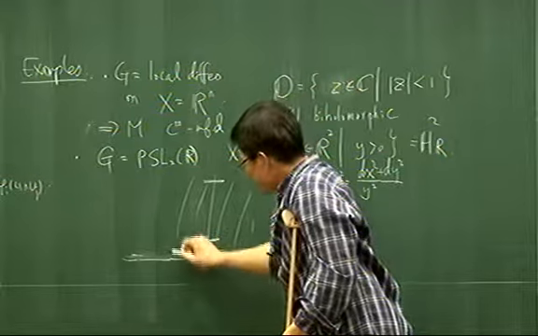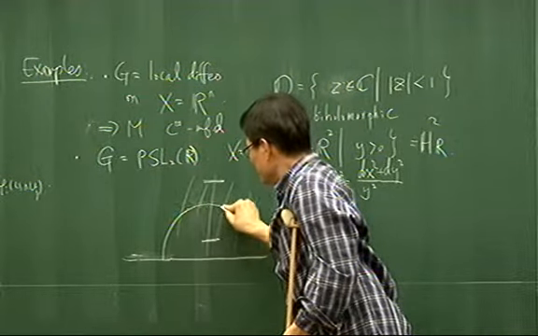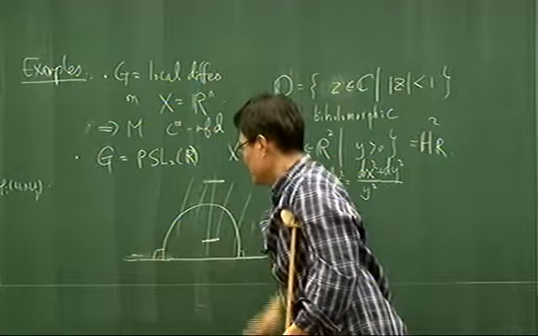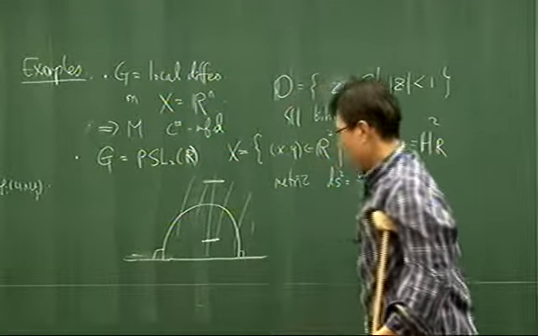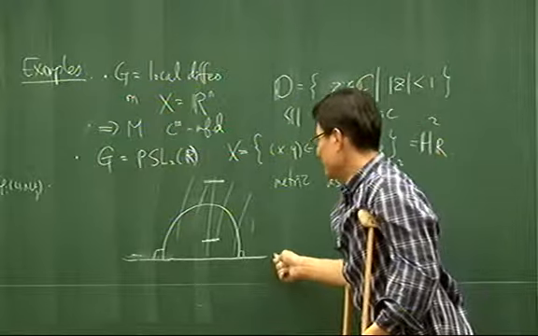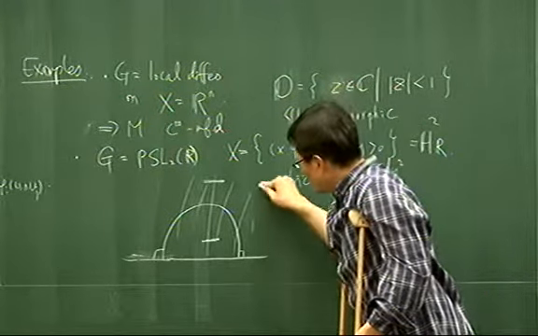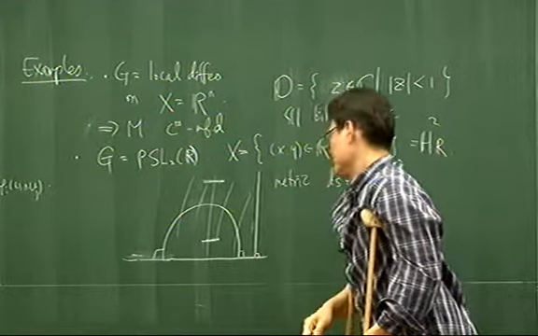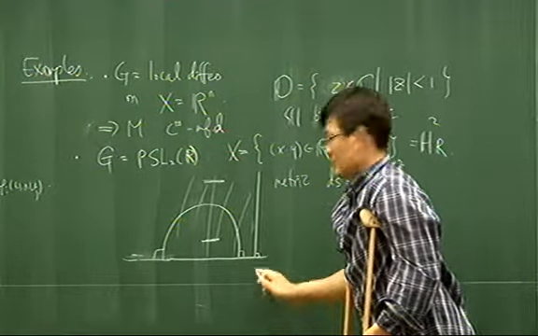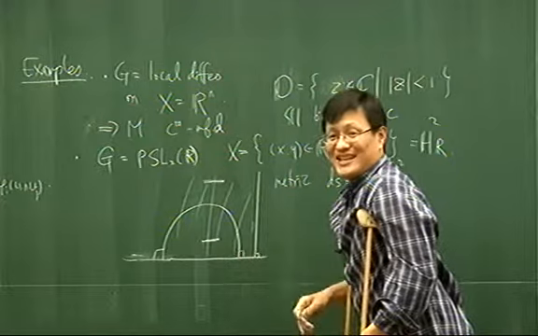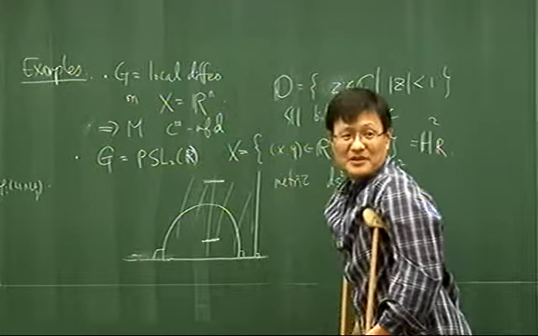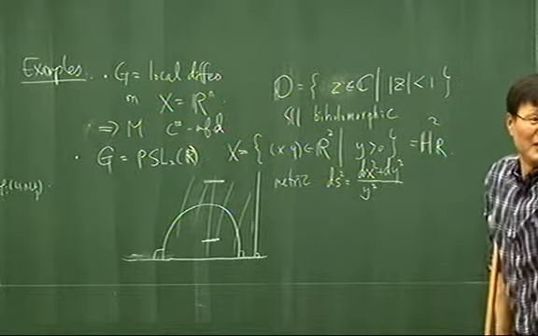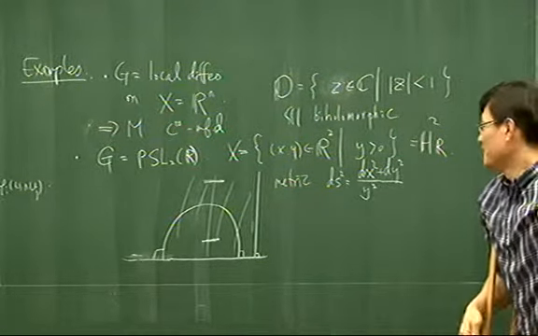Geodesics are either an arc perpendicular to this x-axis, or a half line orthogonal to the x-axis and shooting up. Okay, these are the only types of geodesics in the hyperbolic plane and in general hyperbolic space.